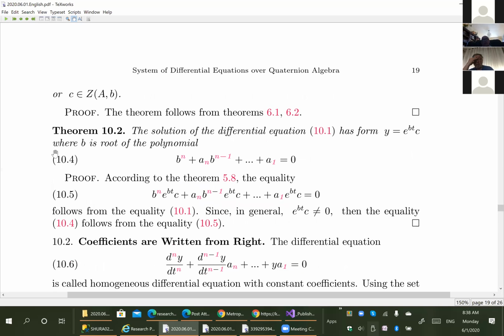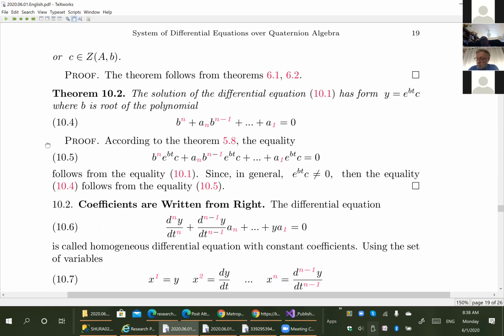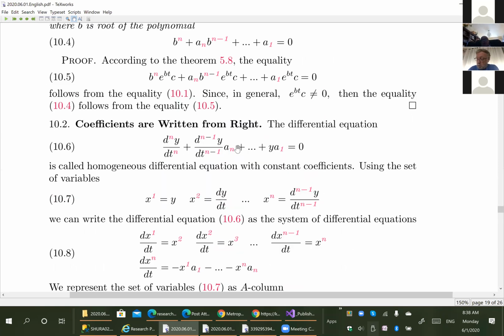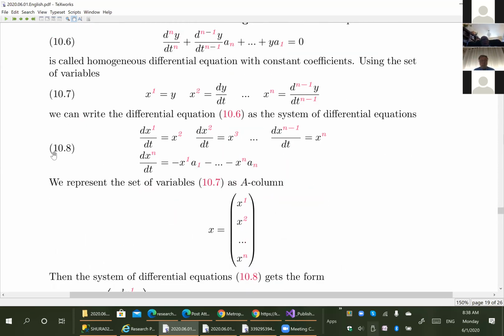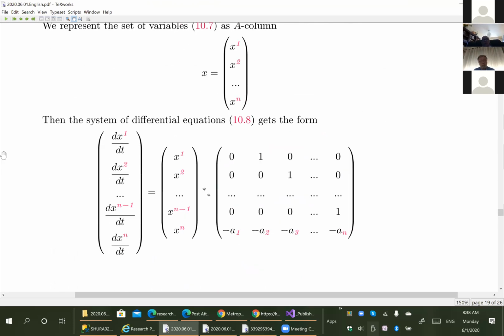But in this equation, I see that b should be written on the left side of the coefficient. Similarly, if I write the coefficient on the left side, again doing the same things, I get a similar equation, but in this case we see that I should write the constant on the left side of the matrix.